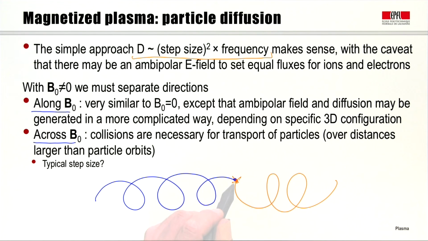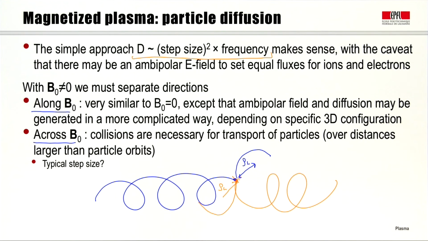There will be, for the, say, orange particle, sort of a jump in its orbit in this direction. And for the blue particle, it will be a jump in the orbit in the other direction. So the displacement that will be taken typically upon such a collision will be of the order of the Larmor orbit size, rho L.